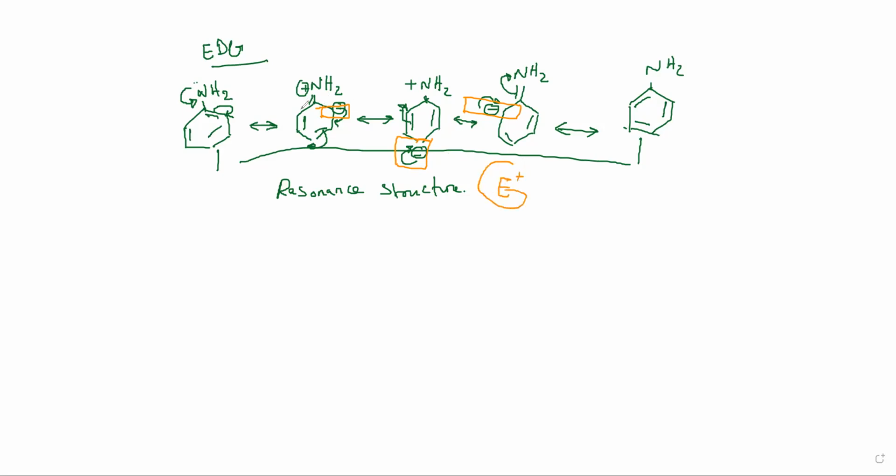As you can see here, none of these structures formed a negative charge on the meta position. And that's why when you use an electron donating group, it will direct the incoming groups towards these sites, the ortho and the para.